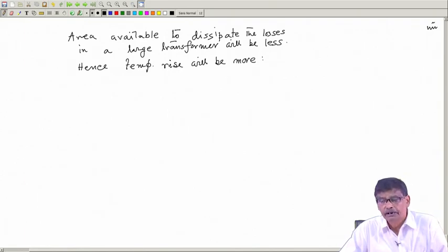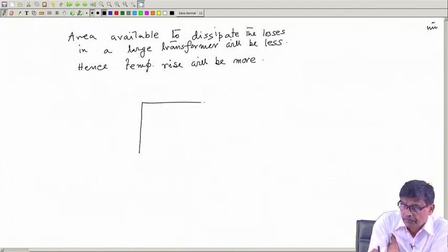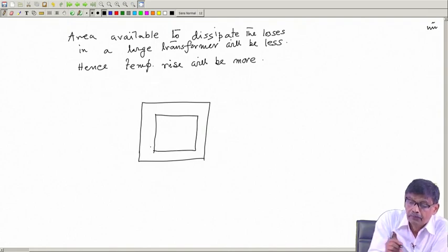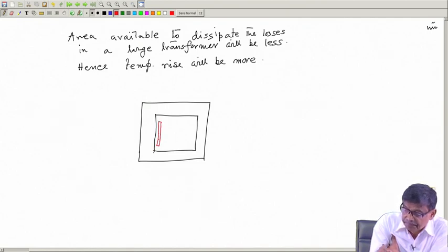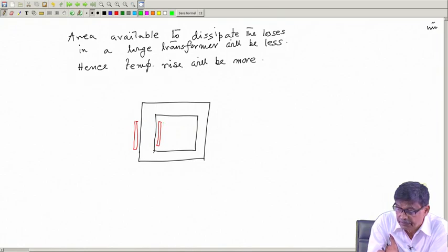That is why what is done is this: the transformer core, for single phase I am telling, where your windings will be here, the LV winding, red colors are LV windings, and suppose these are HV winding.